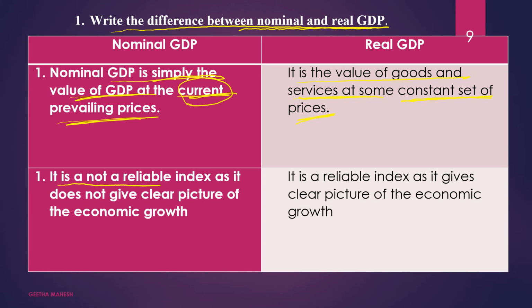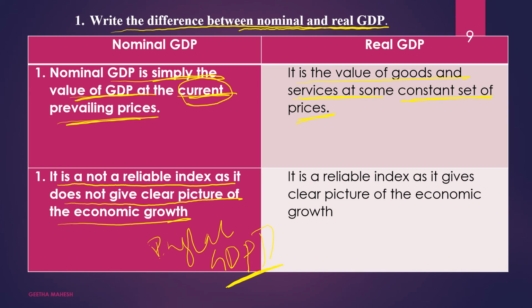Nominal GDP is not a reliable index as it does not give a clear picture of the economy. Because of inflation, if GDP is increasing, you cannot identify real growth with nominal GDP. So for that reason, we say it is not a reliable index.